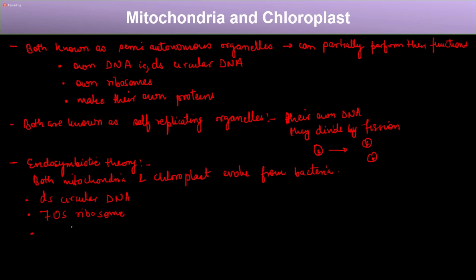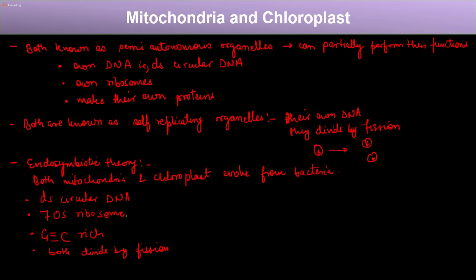The bacterial genome is known to be GC rich. Similarly, the circular DNA of mitochondria and chloroplast is also GC rich. It means they have high content of G and C, that is guanine and cytosine. And lastly, both divide by fission, like bacteria. Based on this, you can say that both mitochondria and chloroplast have evolved from bacteria.